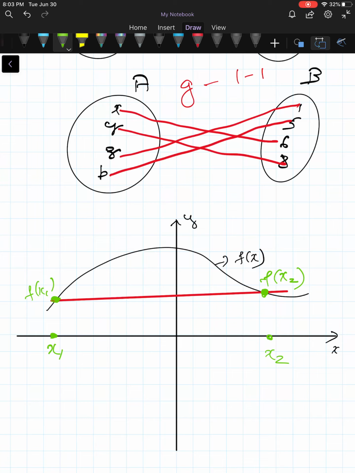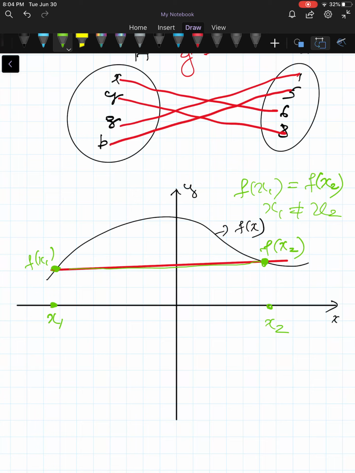What does a horizontal line mean? The y values for this line, the red line, are the same for all the points that lie on the line, correct? Therefore, f of x1 and f of x2 are equal, but x1 and x2 are not equal. So this tells us the given function f of x is not one-to-one.